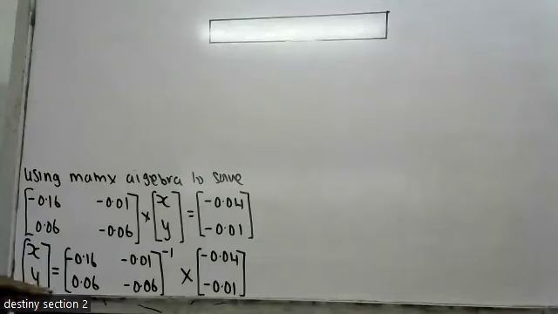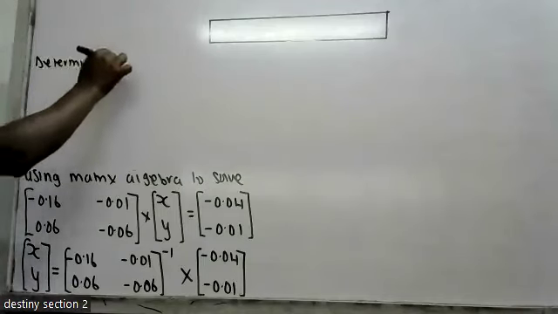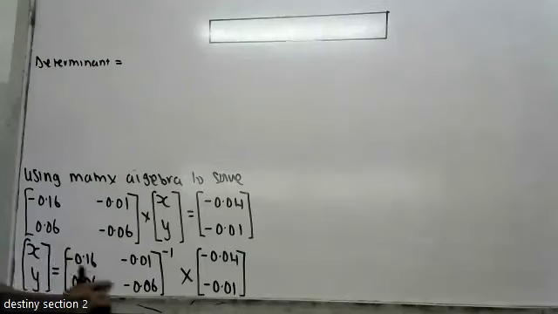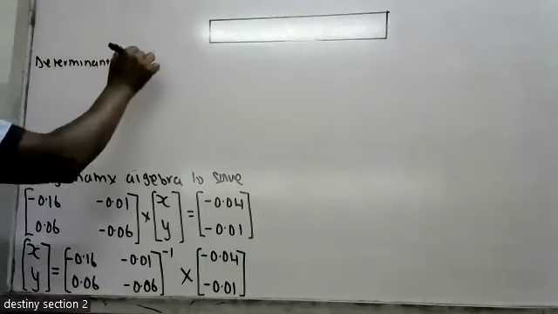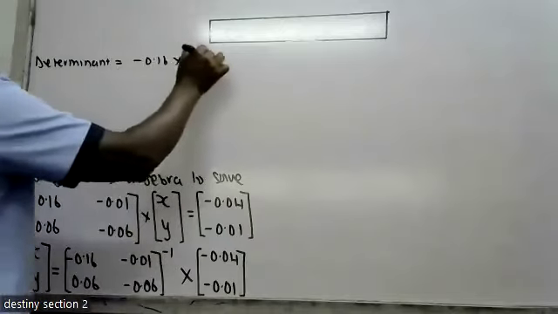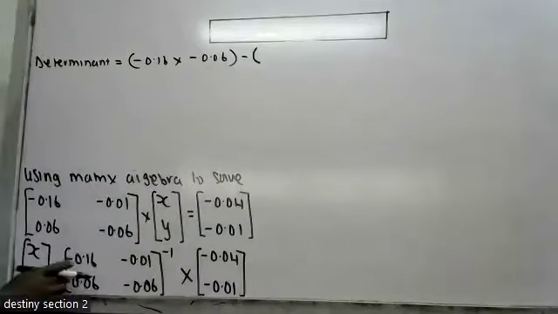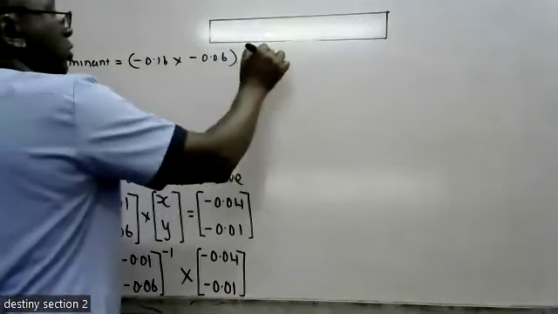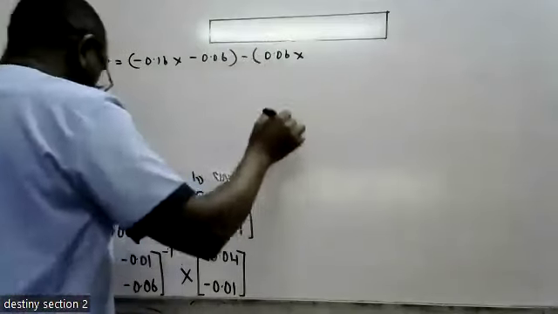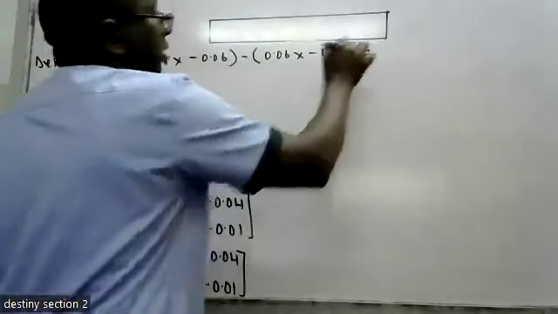So now, for us to get the inverse, we get the determinant. So the determinant, the major diagonal here, minus 0.16 times minus 0.06. We minus this one, 0.06 multiplied by minus 0.01.